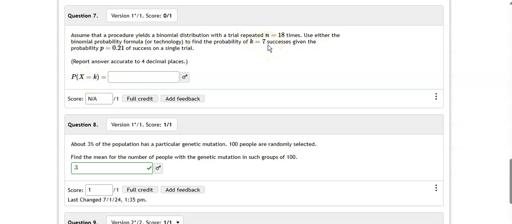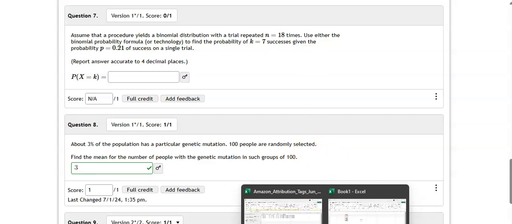In this instance, let's notice we want X equal to this 7. Anytime we want equal, we're going to use the Excel technology. Remember I said that Excel gives us less than or equal. So to get the probability of X equaling without the less than part, we have to do a little trick in Excel. Here's that trick.